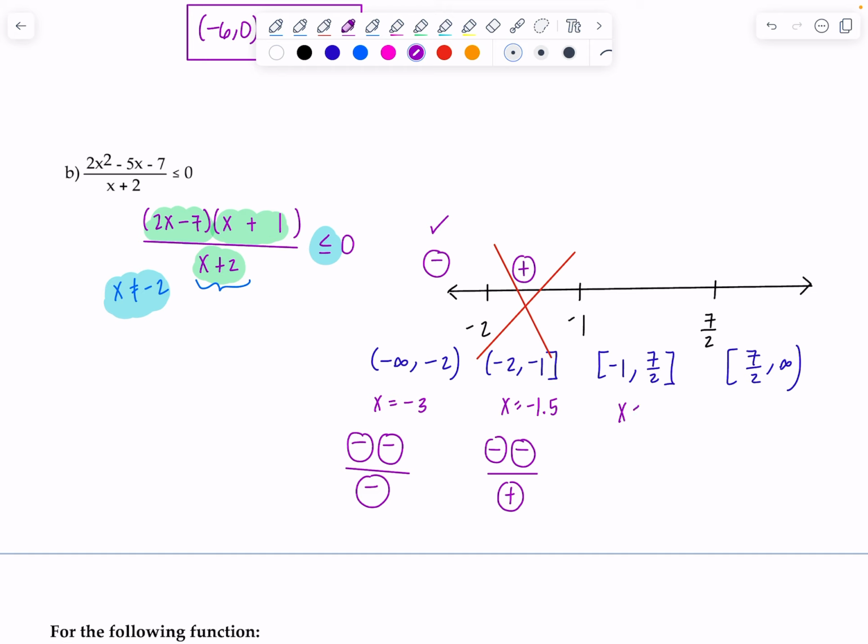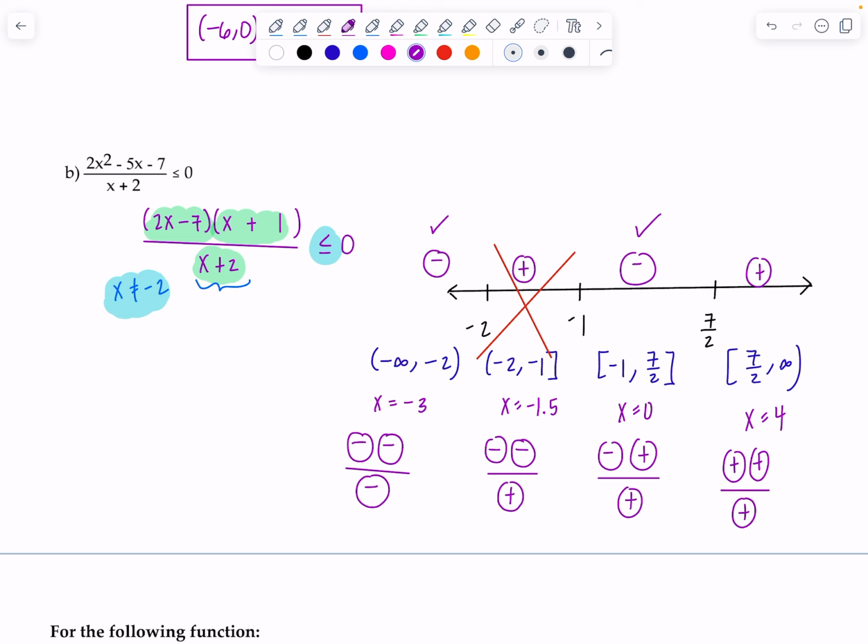Next interval, I could test with 0, right? Love it. So that'll be negative, positive, over a positive, so that's going to give me negative values. That works. And then anything from 7/2 to infinity. So 7/2 is 3.5. You can test with 4. So 2 times 4 minus 7, that's positive, positive, positive.